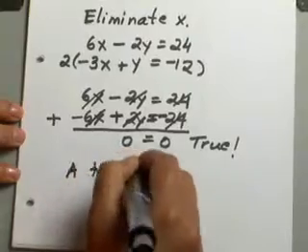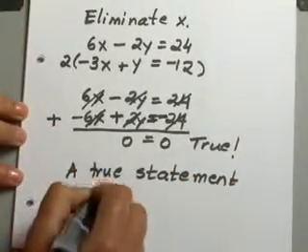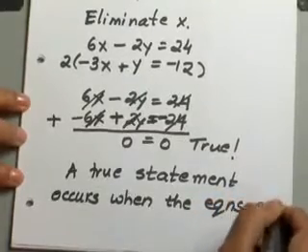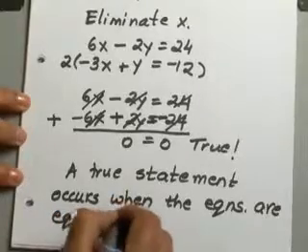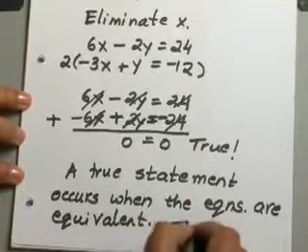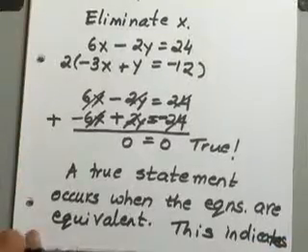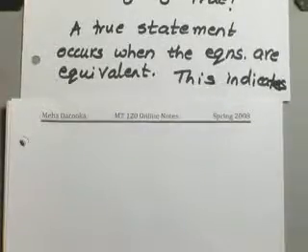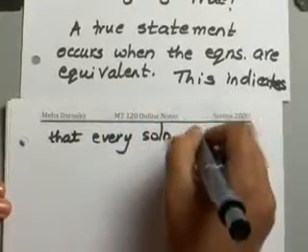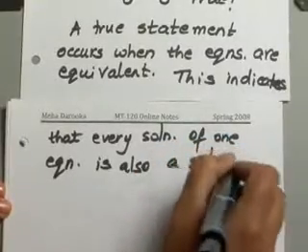So let's go ahead and look at that. Okay, so a true statement occurs when the equations are equivalent, and this indicates that every solution of one equation is also a solution of the other.